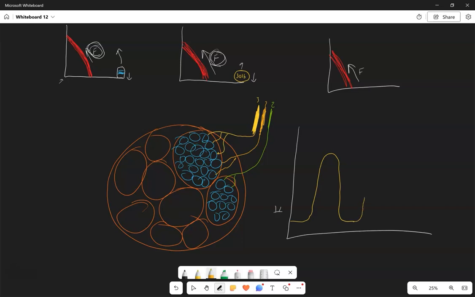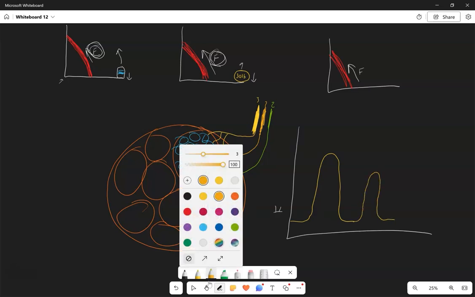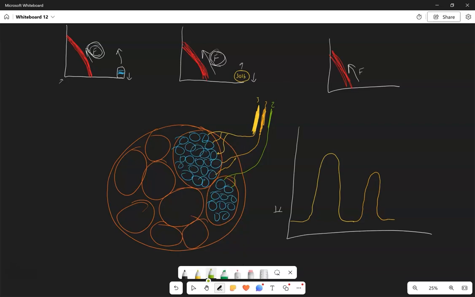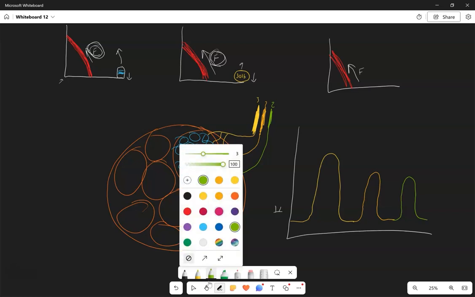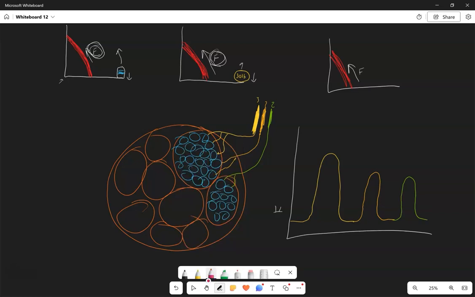Well, if I activate that one, I will generate this amount of force here. What happens if I use this one here? Well, it's got the same amount of force, like so. But what happens if I say, let's do this in pink, what happens if I do these 2 together? If I send a signal down both of them, now I get a force that's equal to that, right?